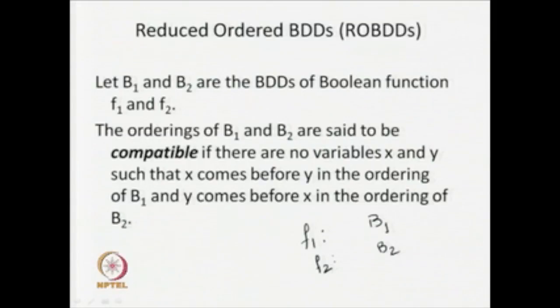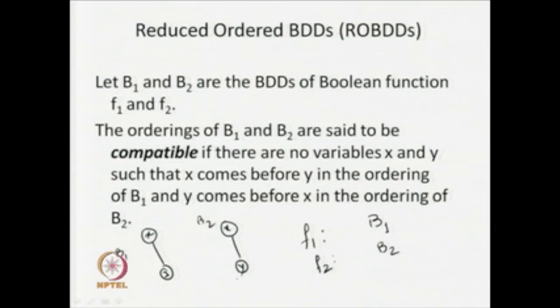The orderings of B1 and B2 are said to be compatible if there are no variables x and y such that x comes before y in the ordering of B1 and y comes before x in the ordering of B2. If we do not have such a scenario, then we can say that this is a compatible variable ordering. That means, in B1 if x is coming before y, then in B2 also x must come before y.